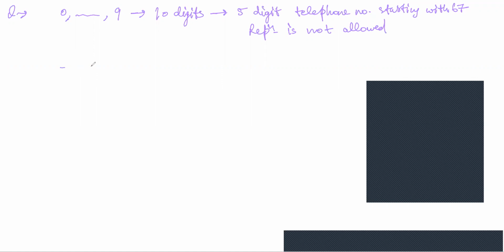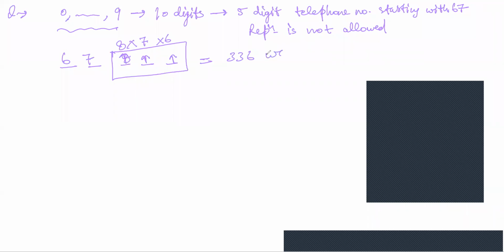So you had to fill 5 places, but 2 have already been filled. You're already provided with 67. You just have to fill these 3 places. You had 10 digits. 6 and 7 you have already used, so you are left with 8 digits. You have 8 choices for this place, 7 choices for this place, 6 for this. So 8 into 7 into 6 is 336.